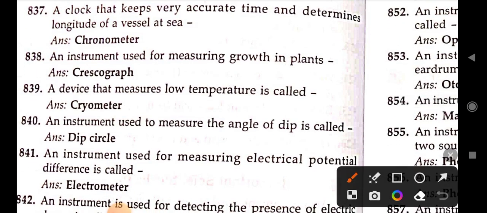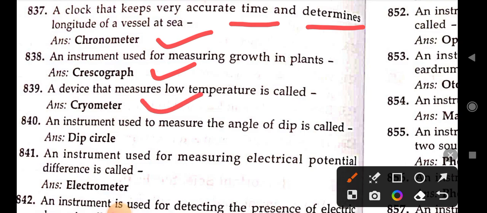A clock that keeps very accurate time and determines the longitude of a vessel at sea is a chronometer. An instrument used for measuring growth in plants is a crescograph. A device that measures low temperature is called a gyrometer.